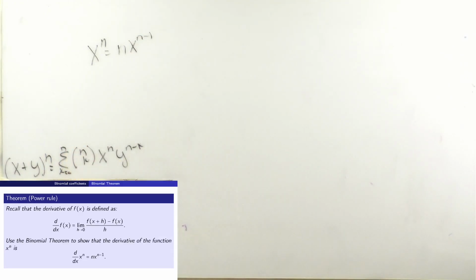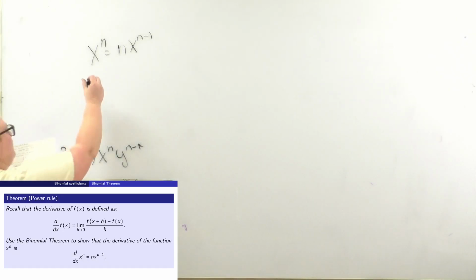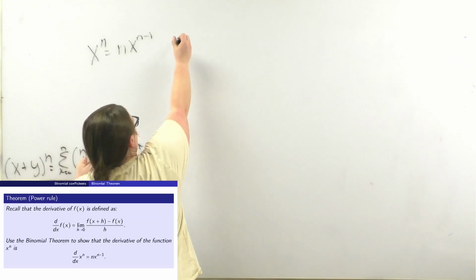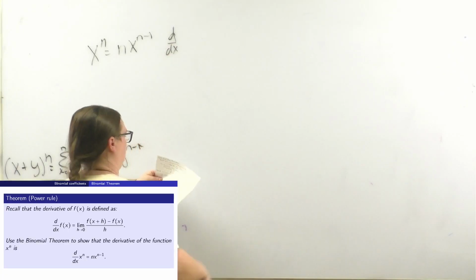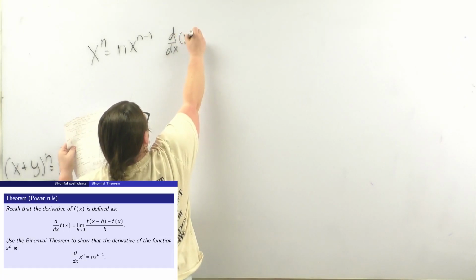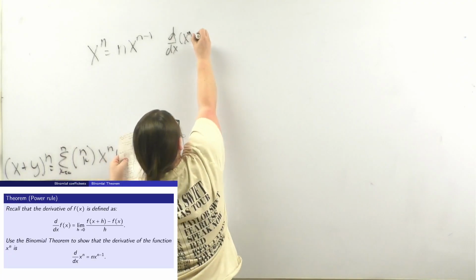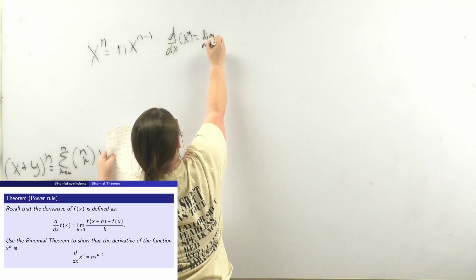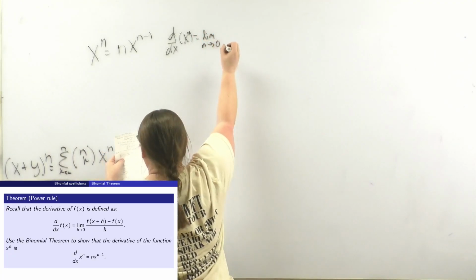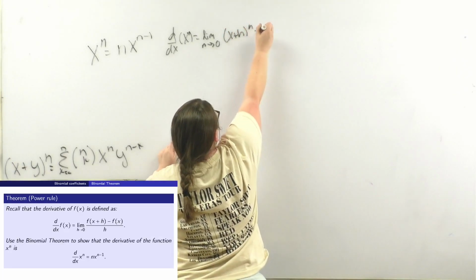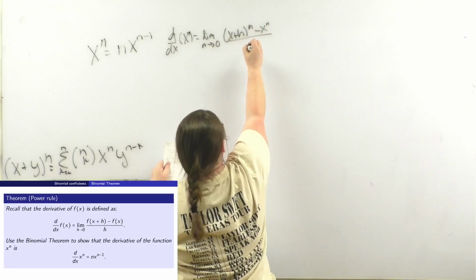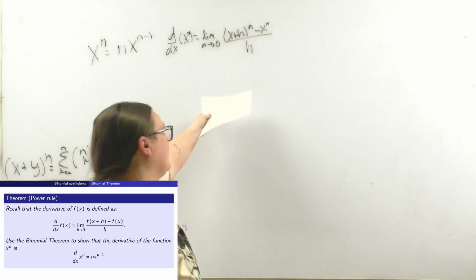Power rule. Yeah. Cool. Okay, so the binomial theorem says this, yay. And we know that this, I think I'm going to start over here. There's an n in there. Are we going to infinity? No, we're going to 0. We know that from life.